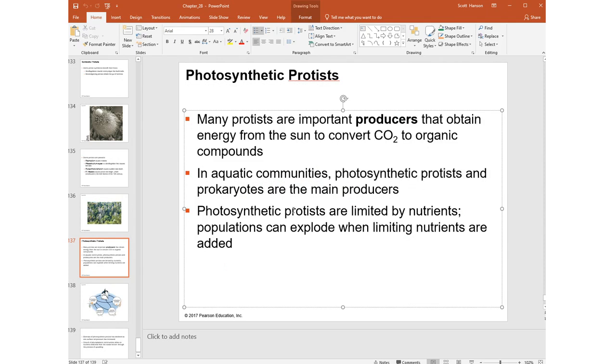And these photosynthetic protists are limited by whatever nutrients are there, but populations of them can explode when the limited nutrients are added in good quantities.